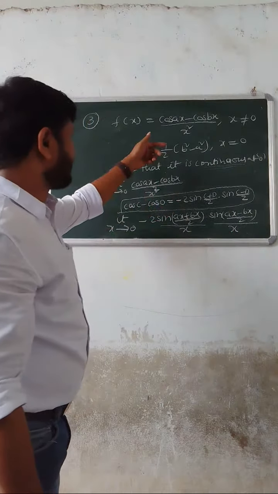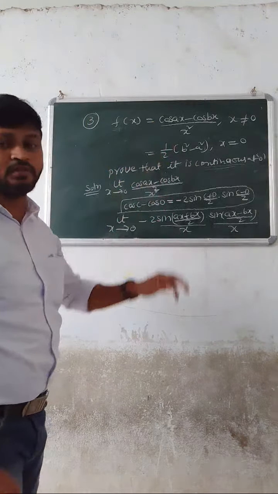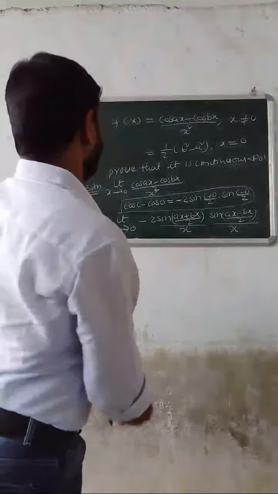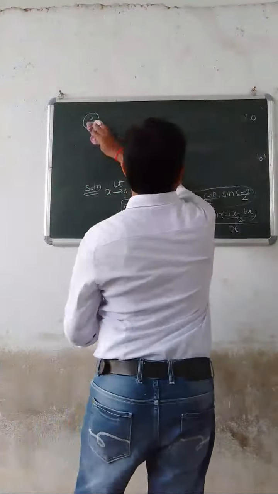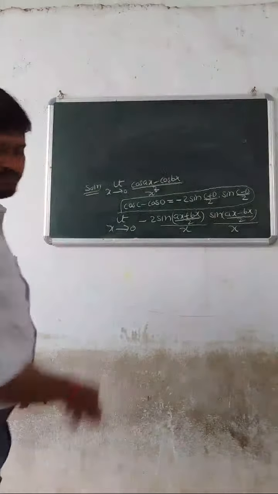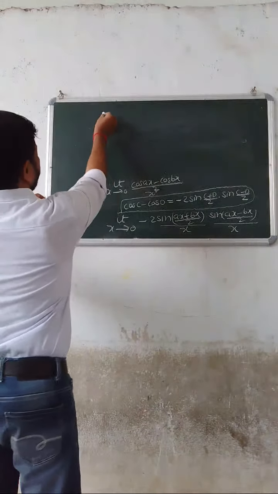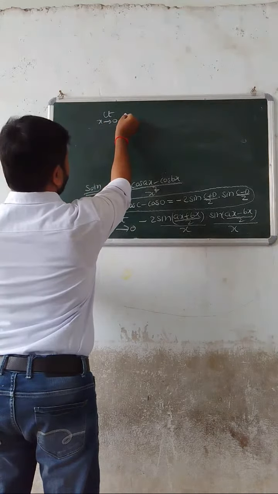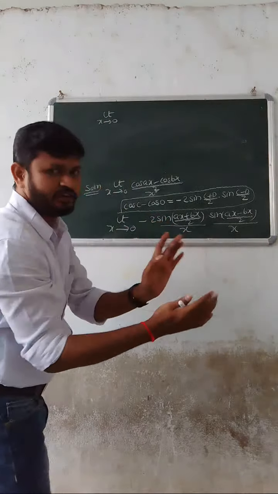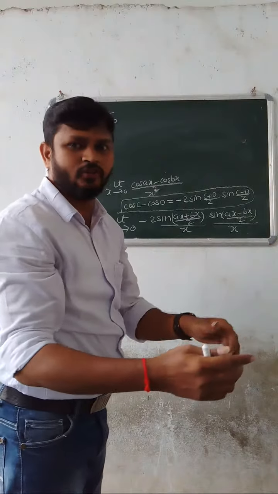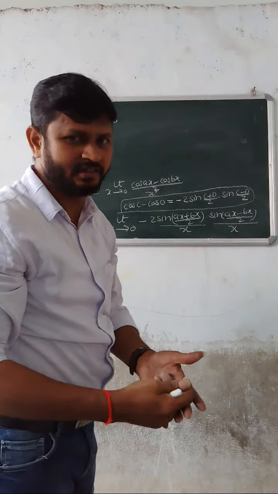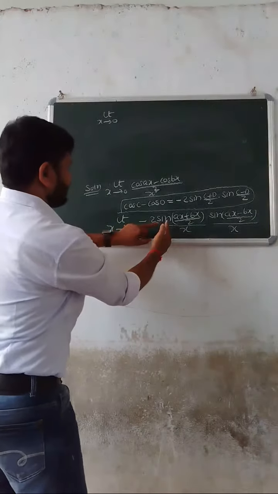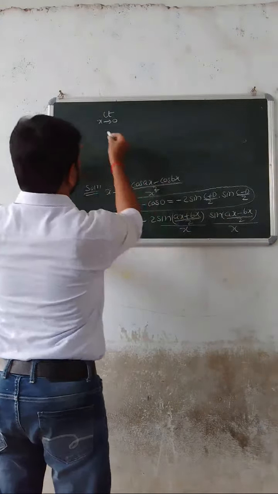Now please write down, all the students. You can keep this question. Finally, what will happen? See this. Split the limits for every trigonometric function. Here sine and here also sine.